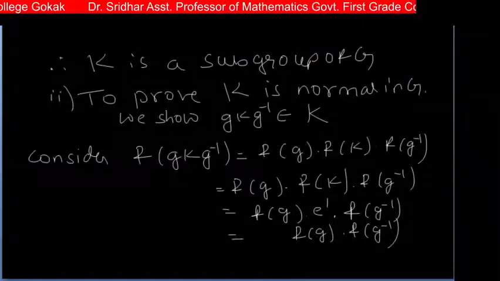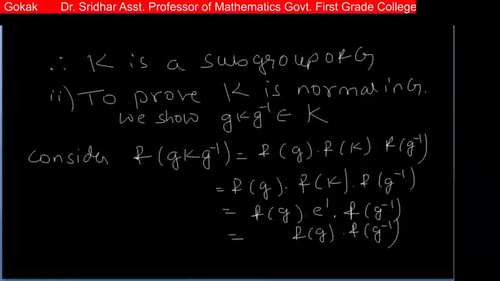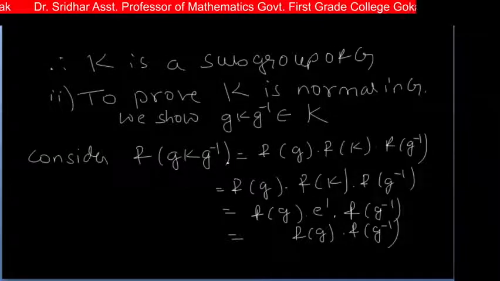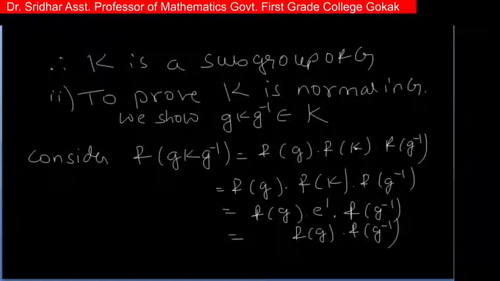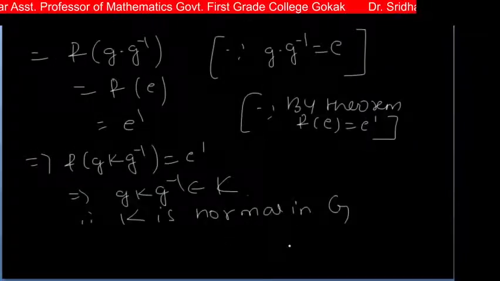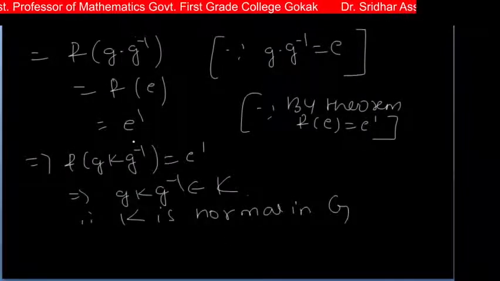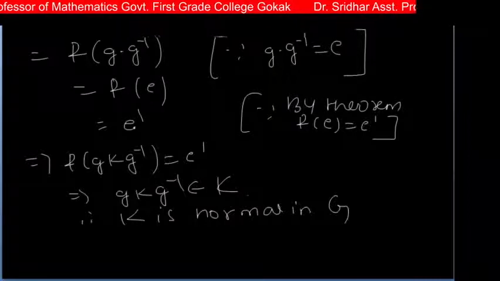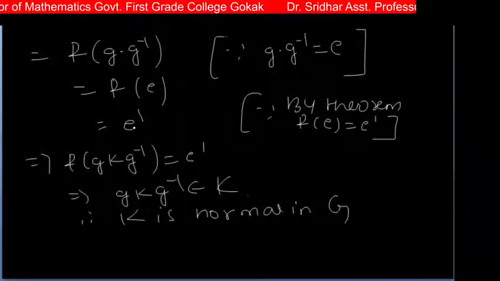So here we have taken f of g k g inverse, simplified it, and obtained f of g k g inverse equal to e dash, since f of e is e dash.